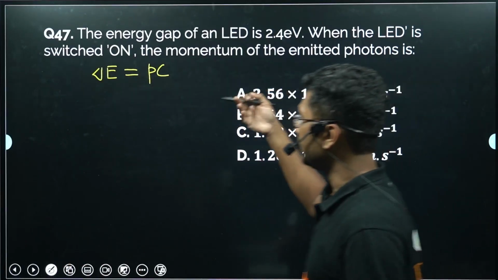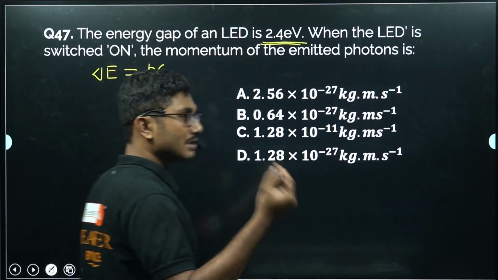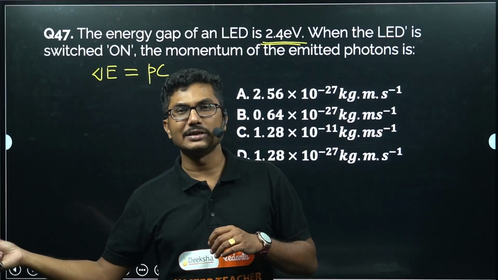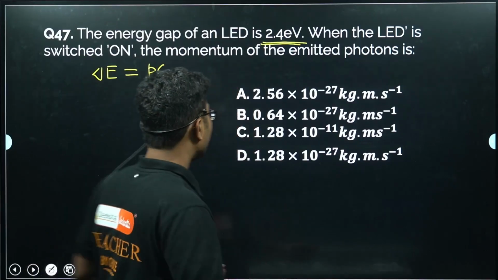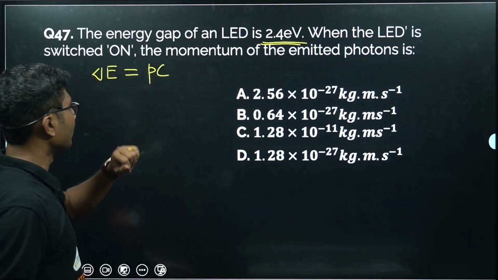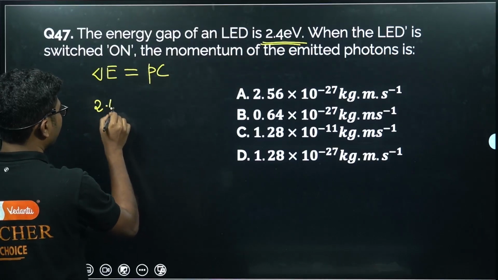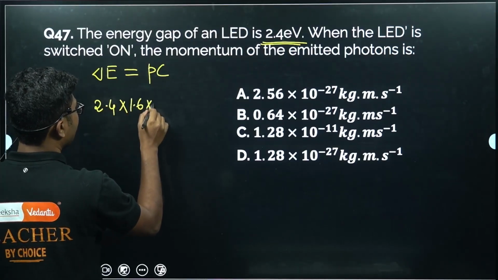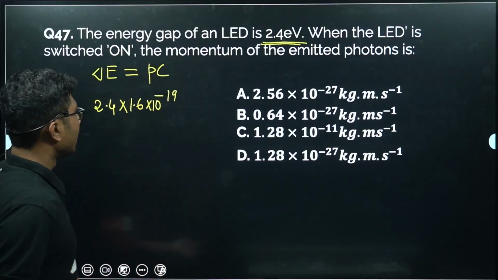Here the energy gap is given, so basically the energy of the emitted photon is 2.4 electron volt. They might say a photon is emitted with the energy 2.4 electron volt. What is the momentum of that? For that you can use this formula. It is given 2.4 eV. 2.4 eV means 2.4 times 1.6 times 10 to the power of minus 19 joules, right?